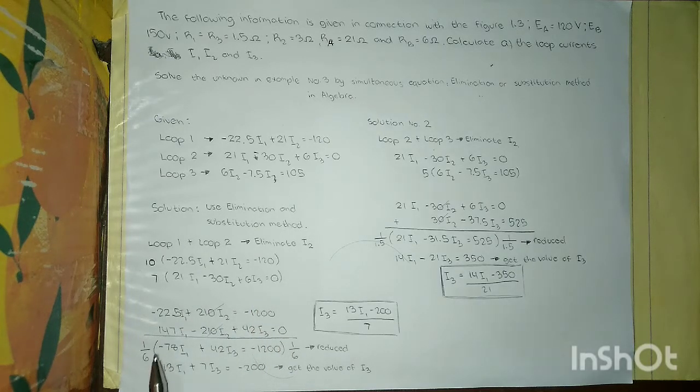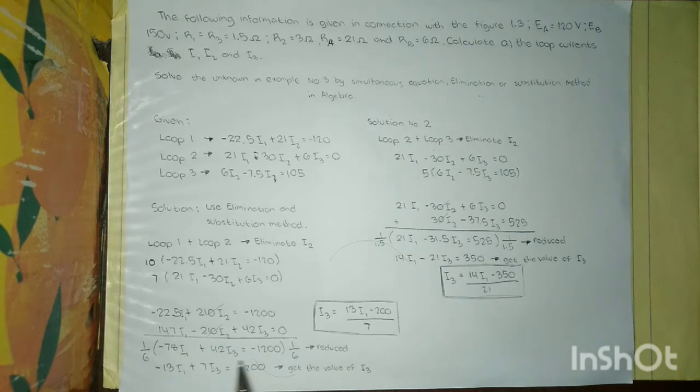Then add: negative 225 plus 147 I1 is equal to negative 78 I1. And then I2 will be eliminated, so negative 210 I2 plus 210 I2 is equal to 0. And then bring down 42 I3 and negative 1200.